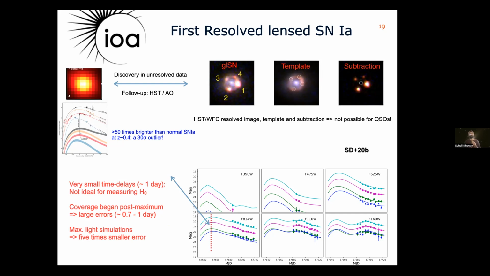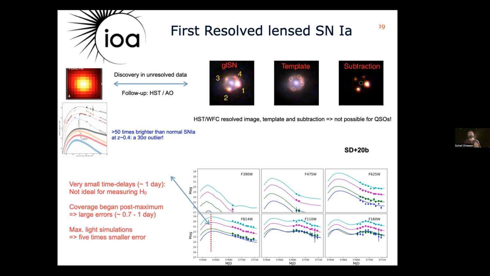But because we know the intrinsic luminosity of type Ia supernovae, this supernova, when compared to its analog at the given redshift, was around 50 times brighter. So just fitting the standard template, we got a much higher brightness, almost 4 magnitudes brighter than what we would expect for a Ia at that redshift.